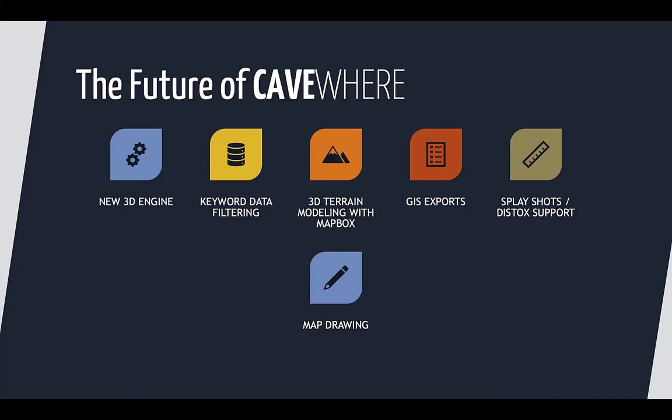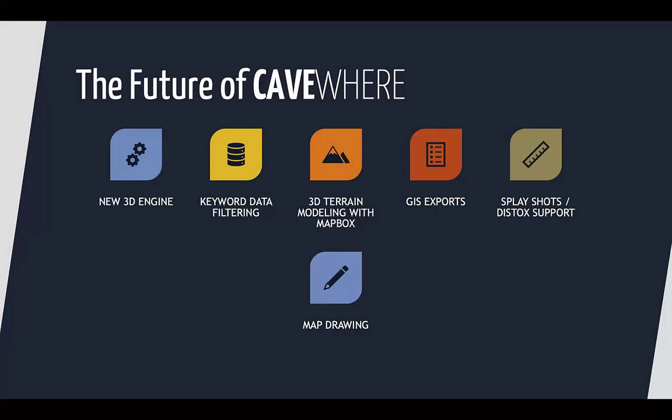Keyword filtering essentially is where your survey lines or your line plot or your sketch all has metadata attached to it, like when the data was surveyed, the type of data, is it a line plot or is it a scan sketch, what cave or trip it's on, and that'll allow you to filter that data and only visualize the parts of the cave that you want to visualize.